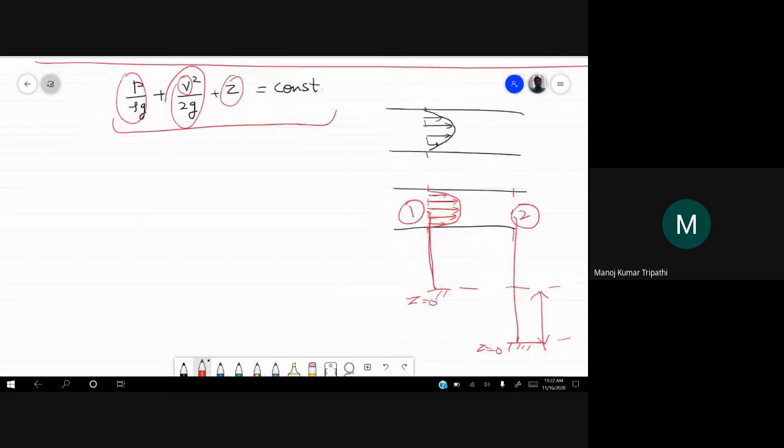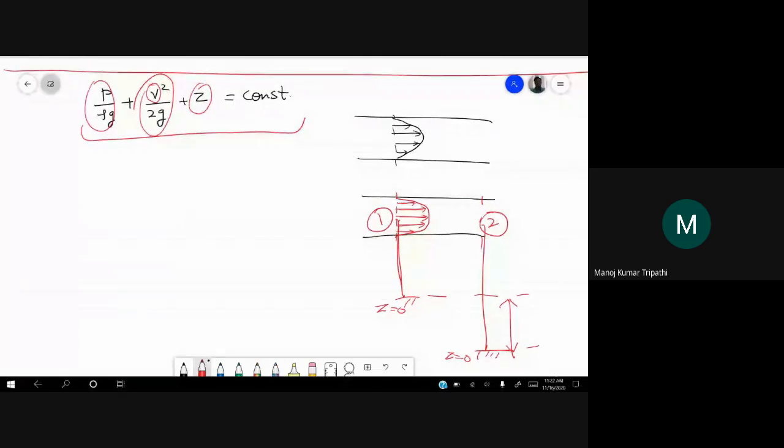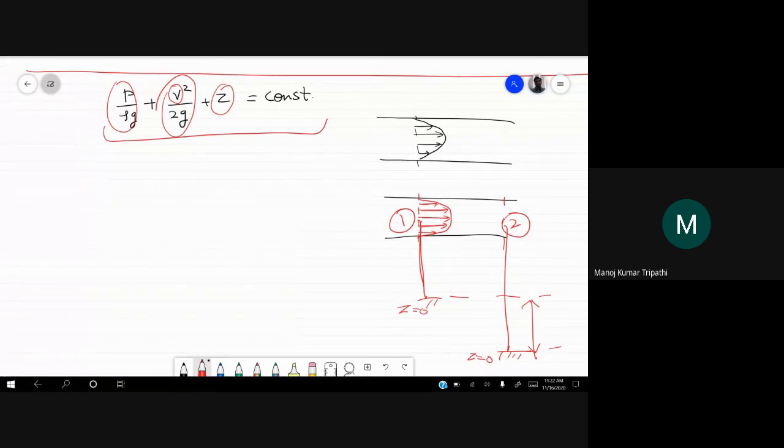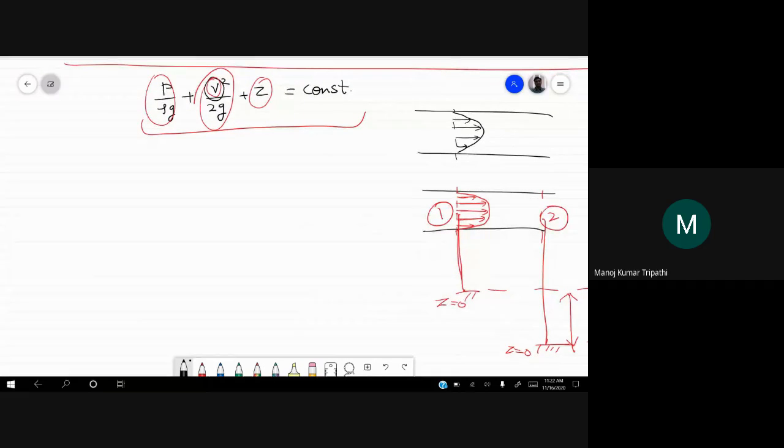Okay. But for a laminar flow, because it is known that the velocity profile is not uniform, it is paraboloid. So what velocity do you take here?